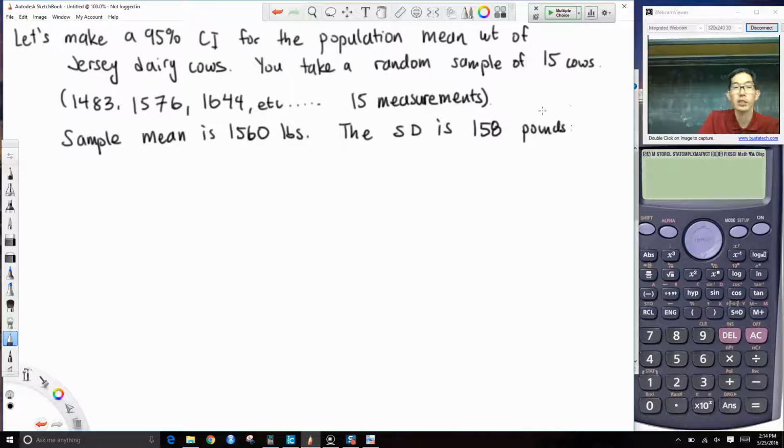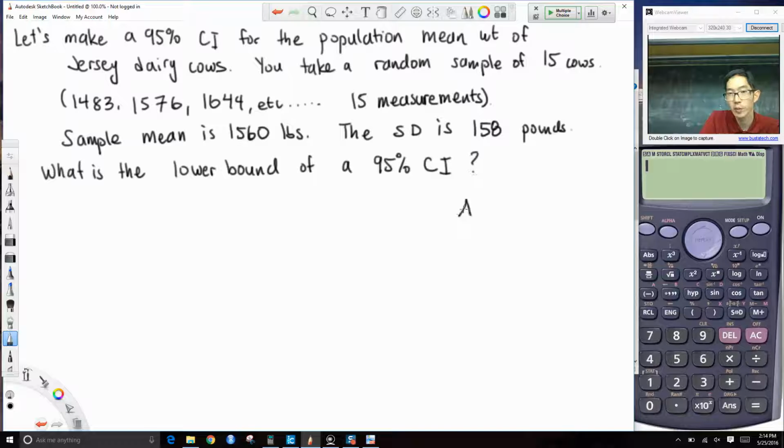So the question here is, what is the lower bound of a 95% confidence interval? You'll have some answer choices. This is a clicker question.